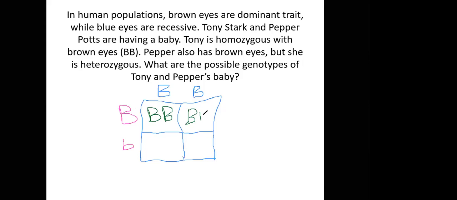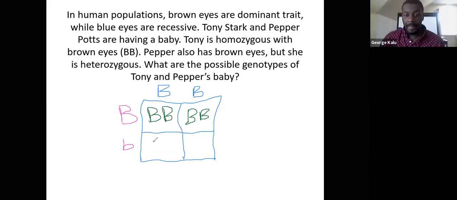What about this third box, what genotype would we get in here? Right, we'd be getting big B, little b. And then same thing in this box over here as we cross big B with this little b: big B, little b.